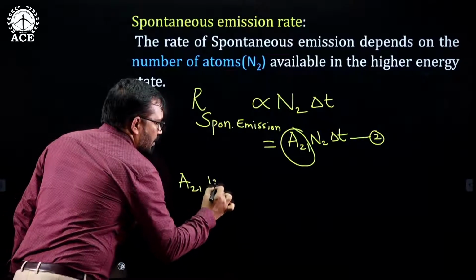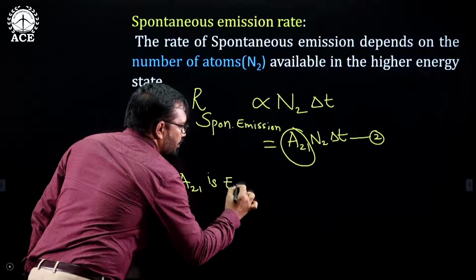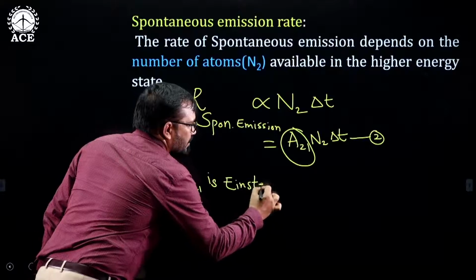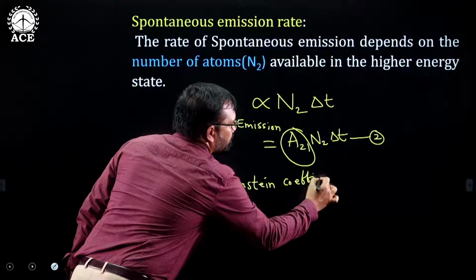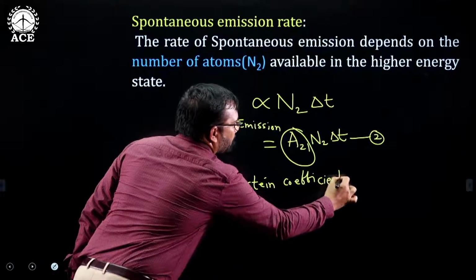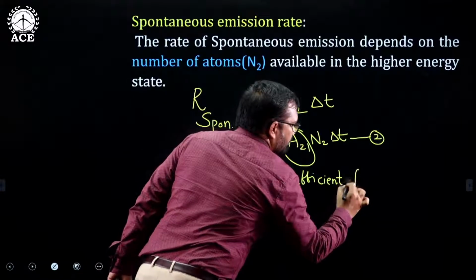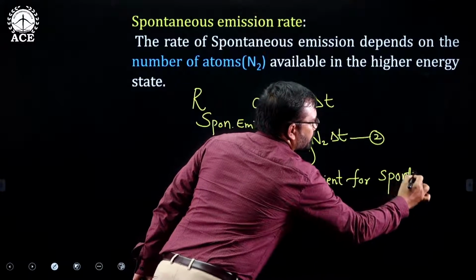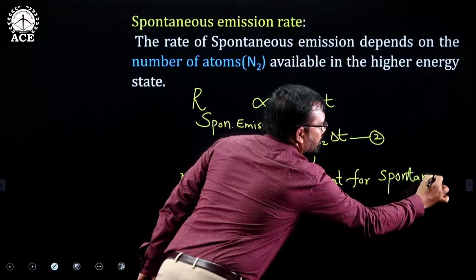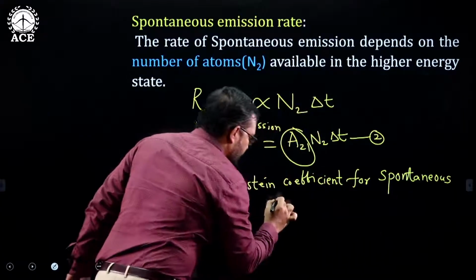A21 is the Einstein coefficient for spontaneous emission. What is spontaneous emission?